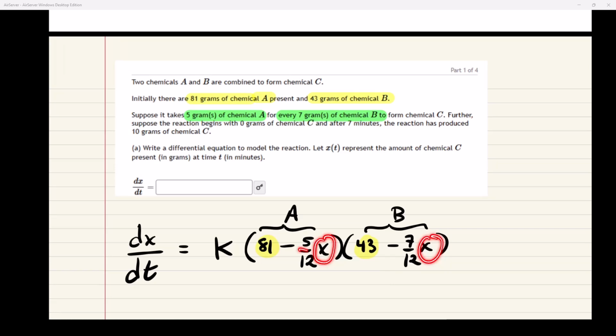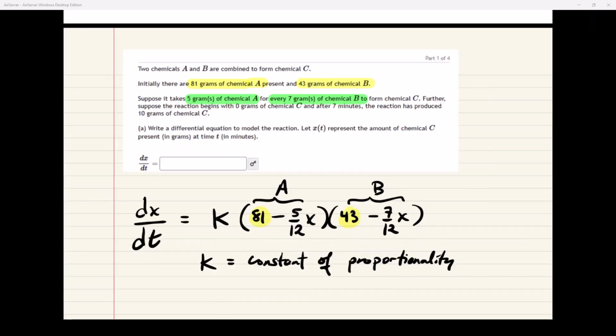Then you would take away 5 and 7 from each of these. That's the rate at which A will decrease and B will decrease. For every 12 units of chemical C, we'll take 5 from here and 7 from there. And that's why we have that expression there. It's going to be this one plus this one in the denominator in each of those. And just to repeat, this k is a constant of proportionality.